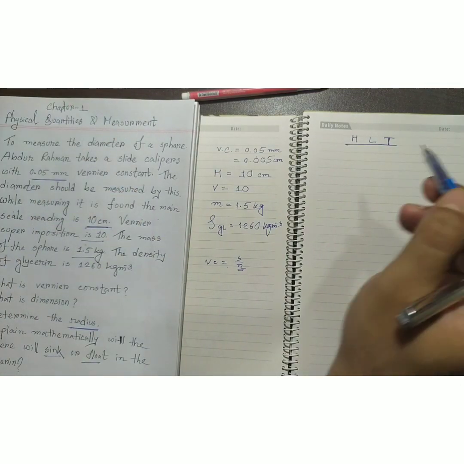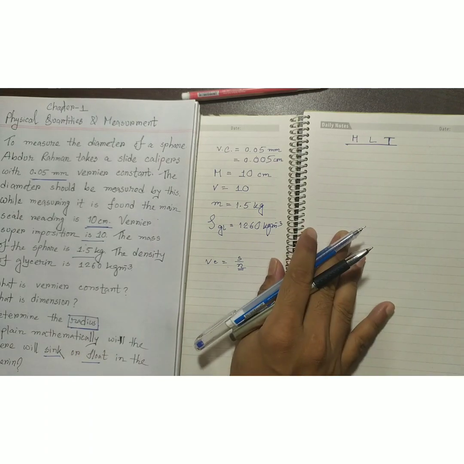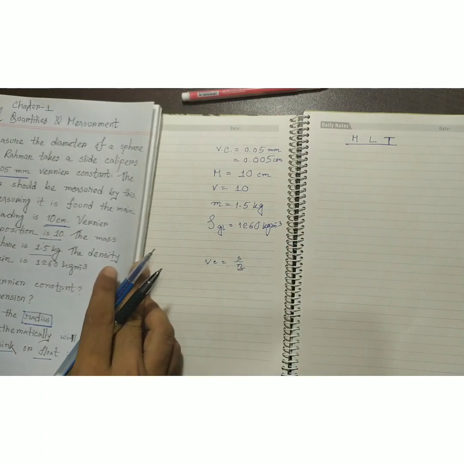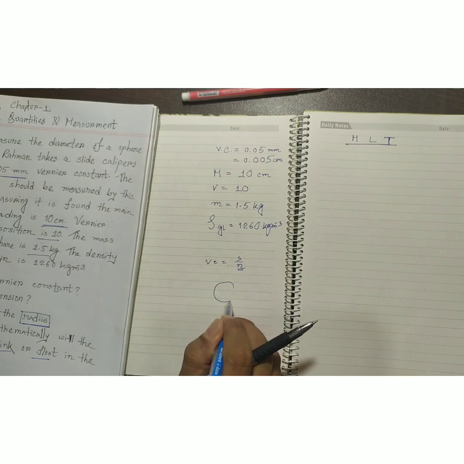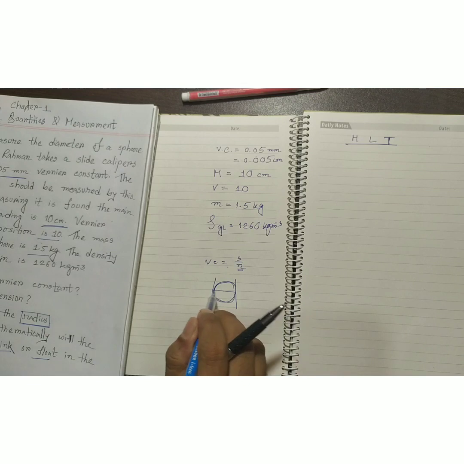The third question is to determine the radius. In my previous video I've already said that when we measure a sphere through the slide calipers, we measure the diameter of the sphere. When we get the diameter, dividing it by 2, we get the radius.